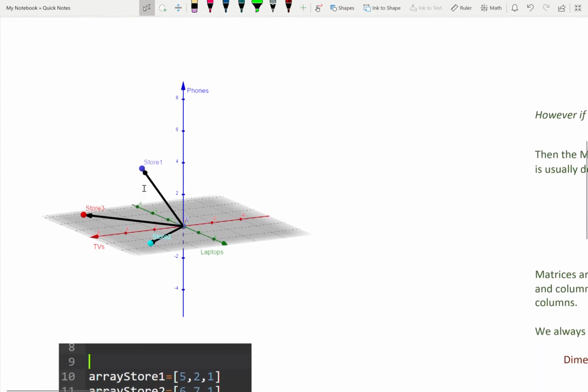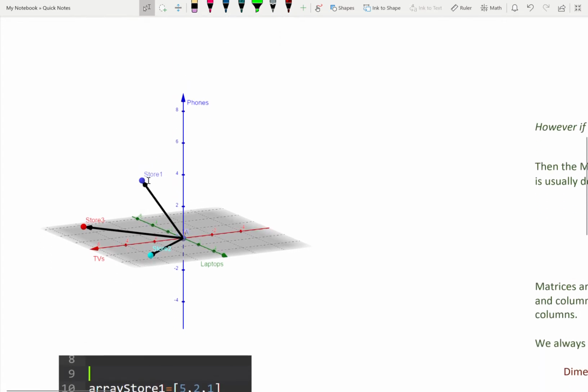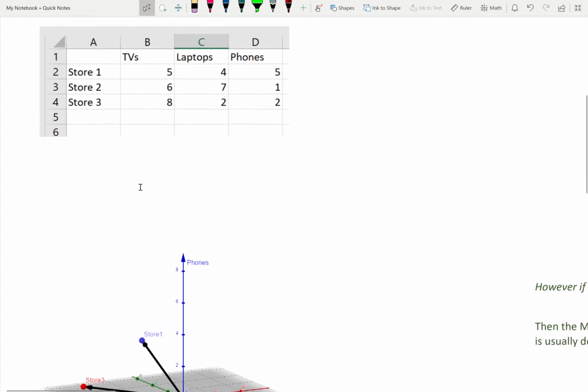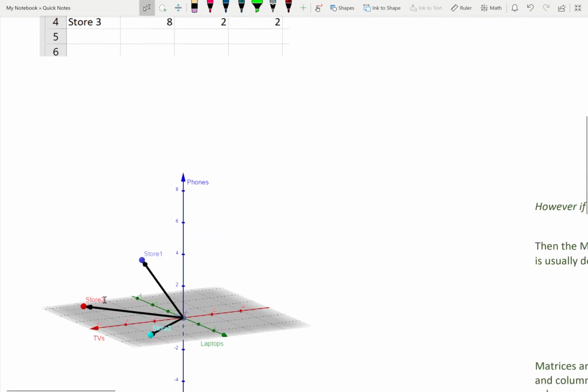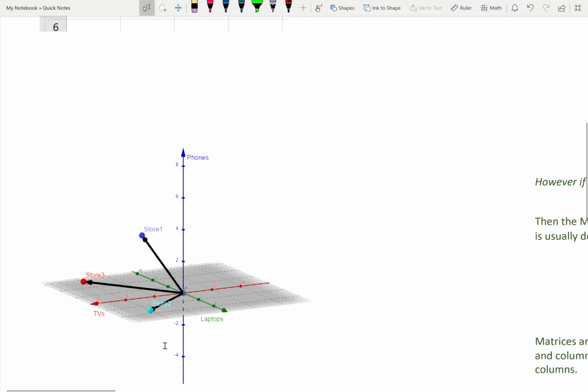Its x-coordinate would be 5, its y-coordinate would be 4, and its z-coordinate would be 5. So I can plot all of these points here, and they each represent the number of TVs, laptops, and phones in each one of the three stores.